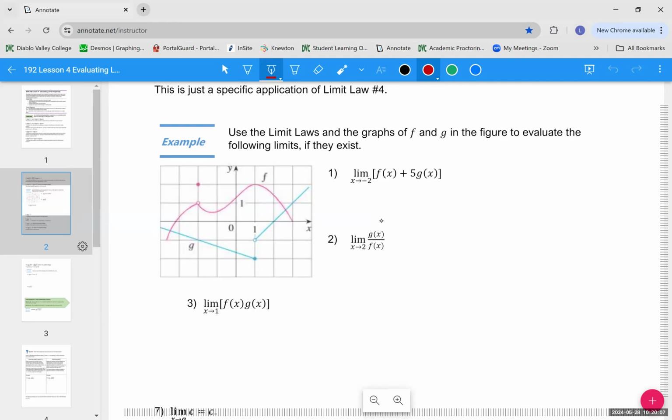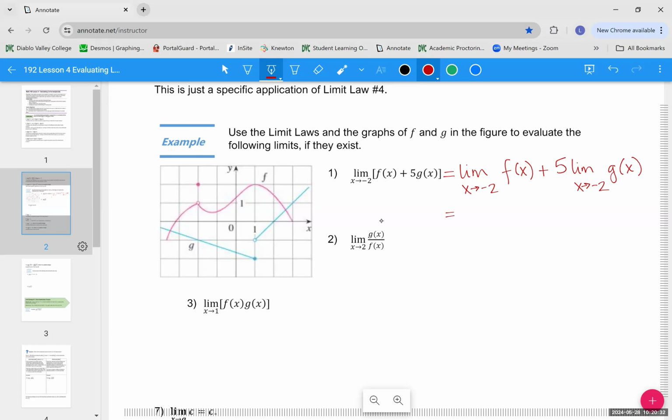And it's a sum as well as a constant multiple. So if we're going to apply these limit laws, we can break up into the sum of the limits as well as pull that constant 5 out in front of that second limit, second term.